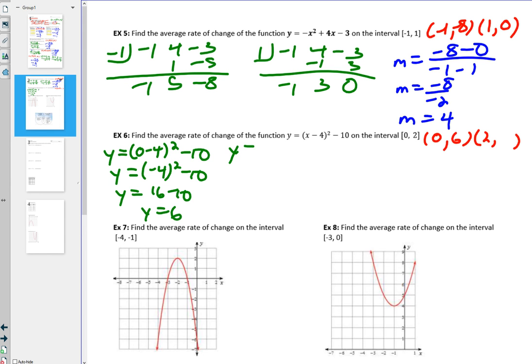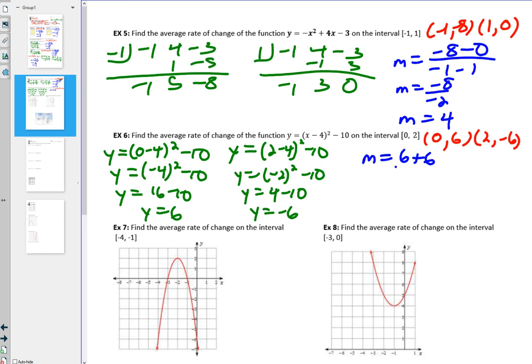Then the second one is a 2. 2 minus 4 squared minus 10 is -2 squared minus 10 is 4 minus 10 is -6. So I got a 6 first, and then I got a -6. Slope formula: 6 plus 6 over 0 minus 2 is equal to 12 over -2, which is -6.